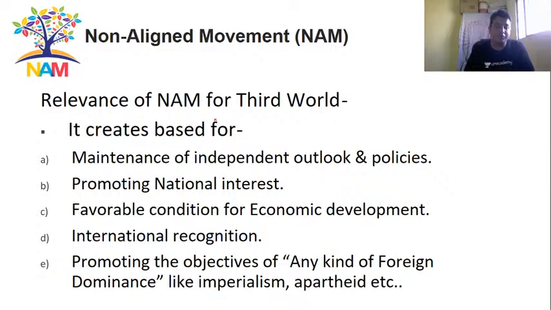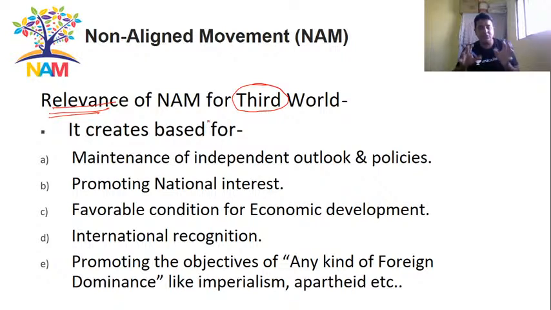Relevance of NAM for third world countries. Just imagine if NAM was not there.